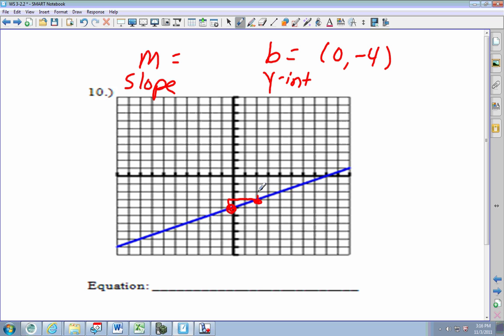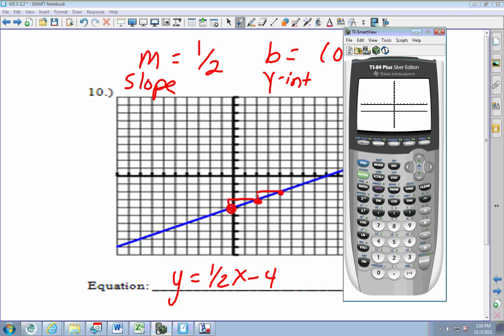It keeps working. Up 1 and over 2. Your equation is y equals 1/2 x minus 4. Again, go in your calculator, put in 1/2 x minus 4, and press graph. Make sure that this matches and that you got the correct equation.